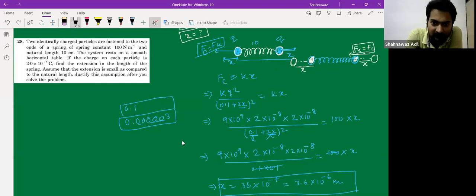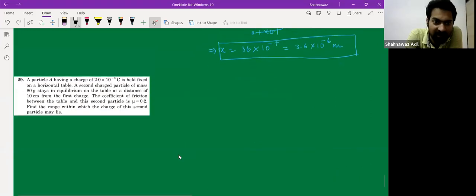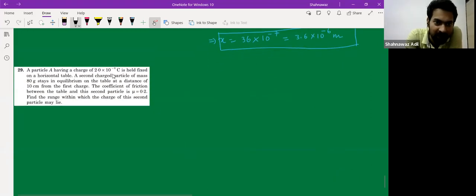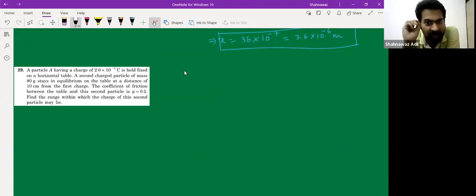Yes, so now we have this question. In this question, they are associating this Coulombic force with friction. So you can imagine how many combinations there are.